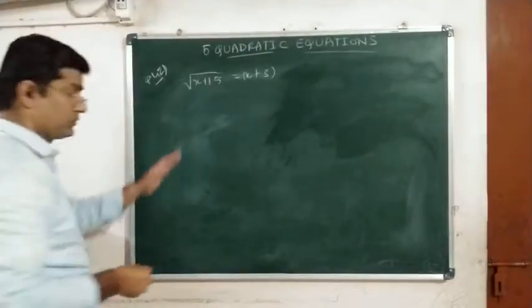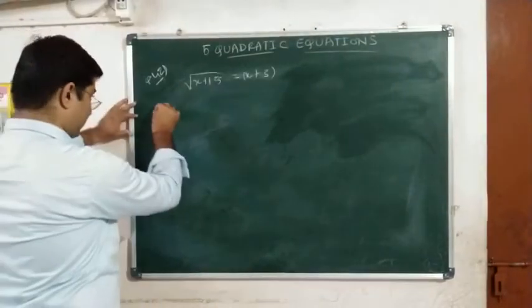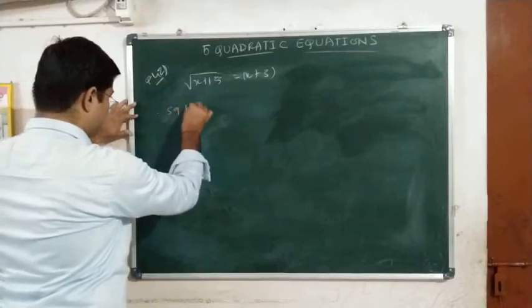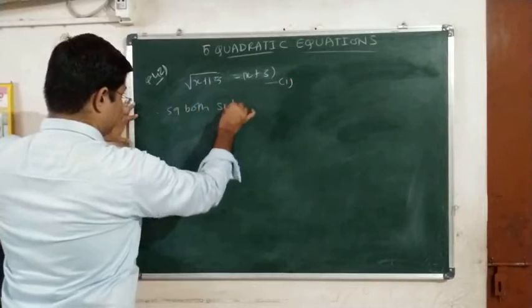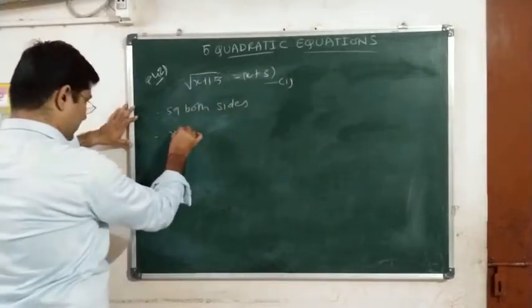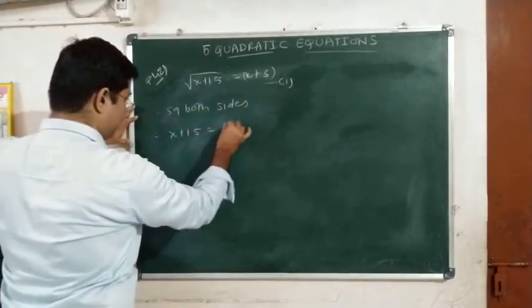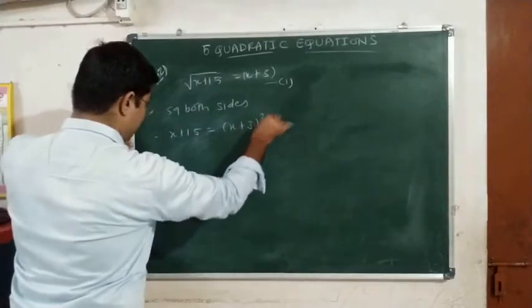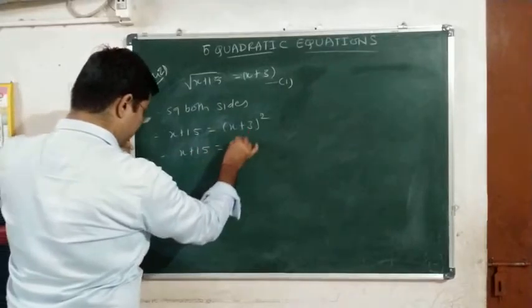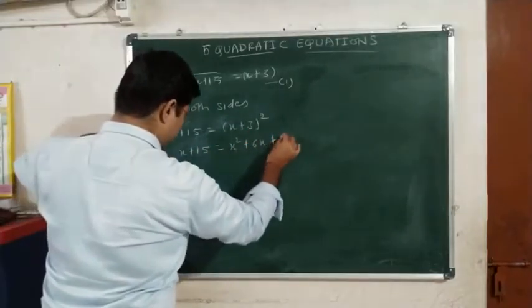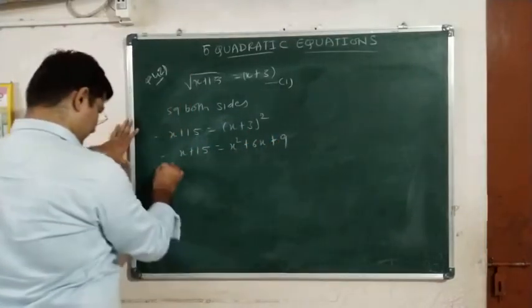Now in order to solve this, first we will remove this square root. So for that we have to square both sides of equation 1. So x plus 15 is equal to x plus 3 the whole square. Therefore x plus 15 is equal to x square plus 6x plus 9.